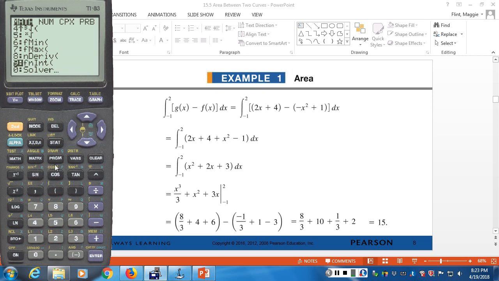And I didn't have to have actually used the calculator y1 and y2, because we could have just gone math, function integral, and the top function is 2x plus 4. Minus the bottom function is negative x squared plus 1.